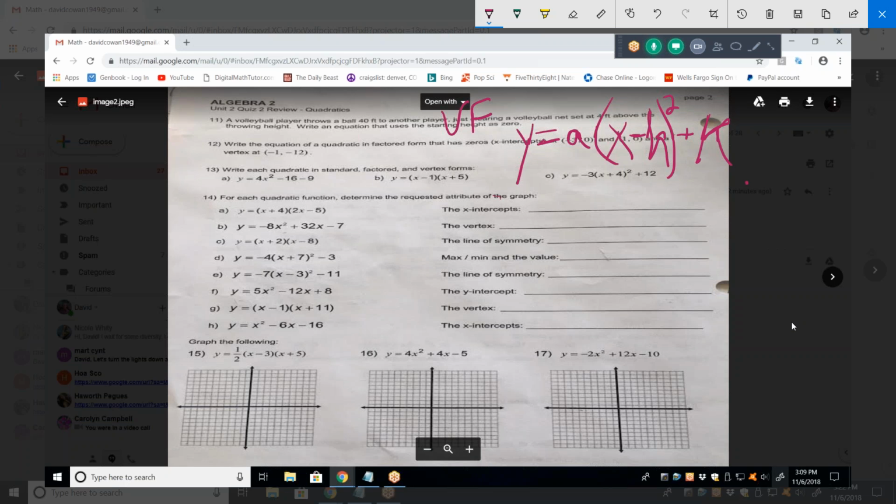So there is another standard format for parabolas, and it's the x-intercept format, where you have a times x minus p times x minus q. Have you seen this before? Well, it makes me wonder whether I need to go through it with you.